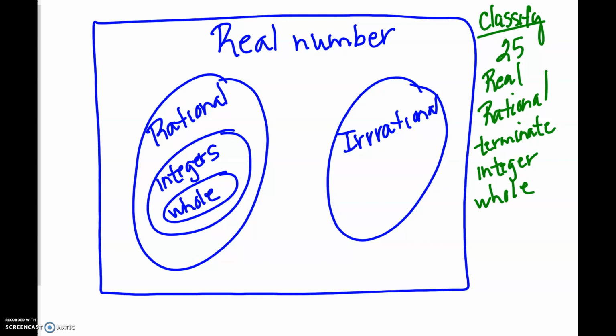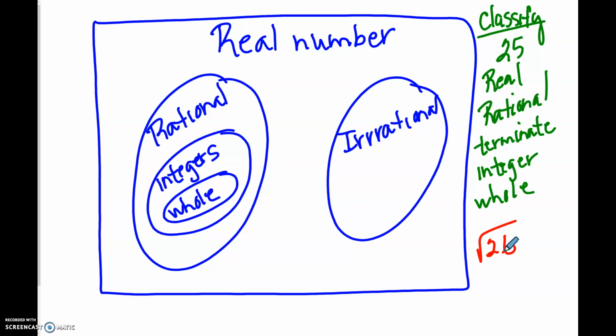So let's pick the square root of 26. If a little 3-year-old started counting, would they ever say square root of 26? No. So it is not a whole number. Okay, is it an integer? Nope, not an integer, because integers are just whole numbers that are positive or negative. Is it rational?